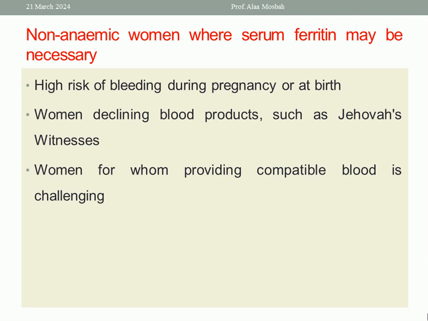So this woman should receive very special care. I should do serum ferritin for those patients to know if they are diagnosed as iron deficiency anemia or not, and whether the stores are depleted or not. What else? Women for whom providing compatible blood is challenging.